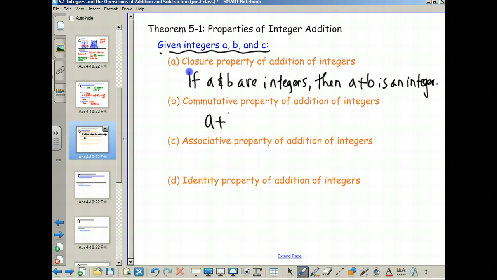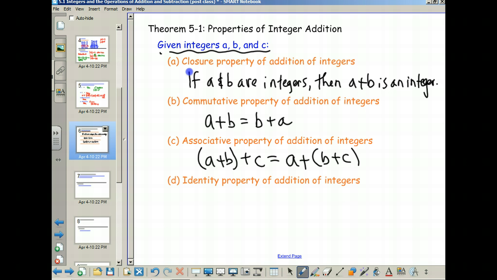So A plus B equals B plus A. It worked for whole numbers and it works for integers too. Associative is what Kayla mentioned. Parentheses. Give A plus B in parentheses plus C. This equals A plus, and B plus C is in the parentheses on the other side. So the parenthesis grouping changes.